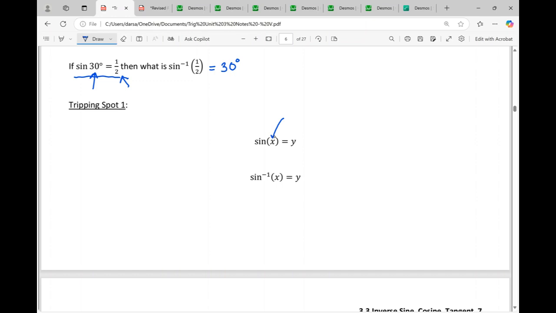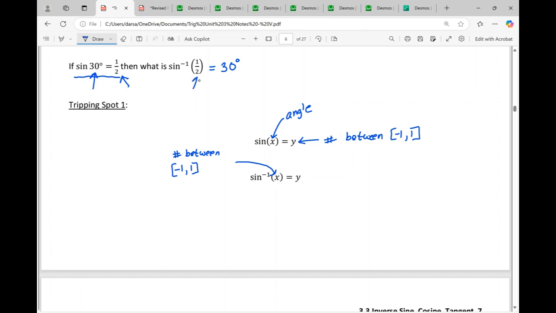So when I flip this and do an inverse function, we're plugging in a number between -1 and 1, and we're asking, what is the angle that has a sine of this number?